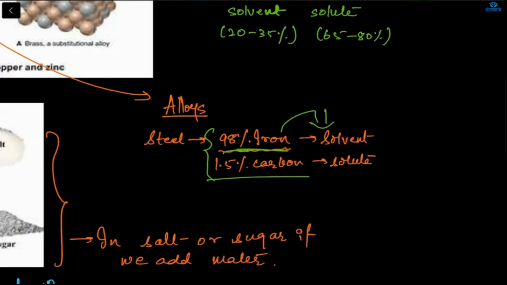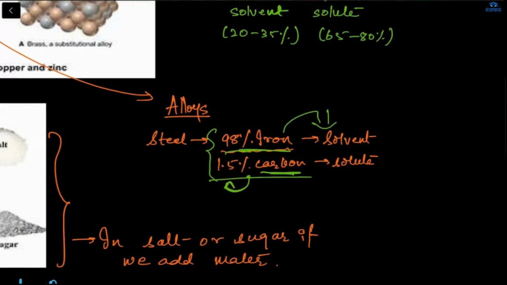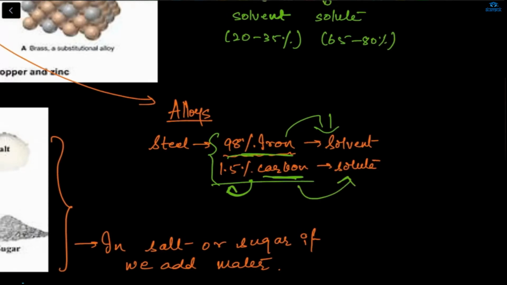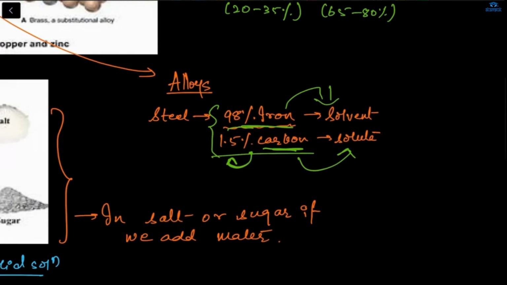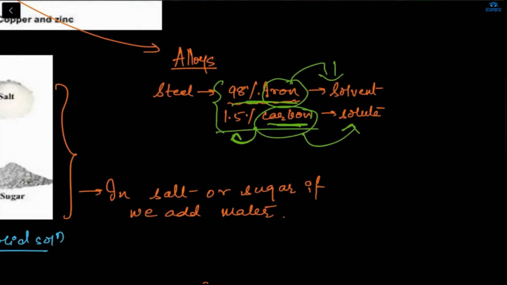That's why iron is called the solvent, and carbon is present in only 1.5%. That's why carbon is called the solute, because solvent is always present in a large amount as compared to the solute. And here the iron and the carbon both are solid.